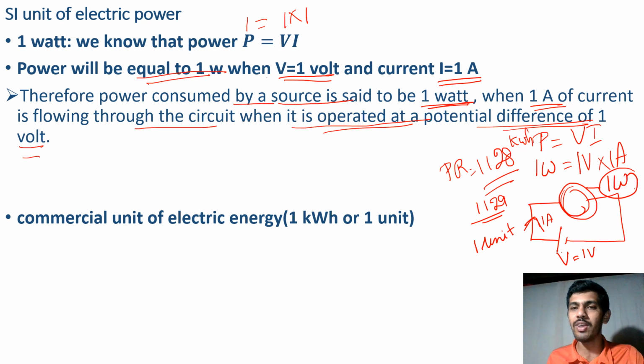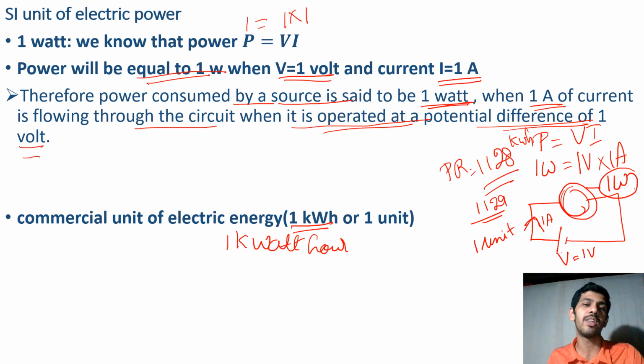When we say that we have consumed electrical energy equal to 1 unit, it is the same as 1 kWh. The meaning of 1 kWh is 1 kilowatt hour.